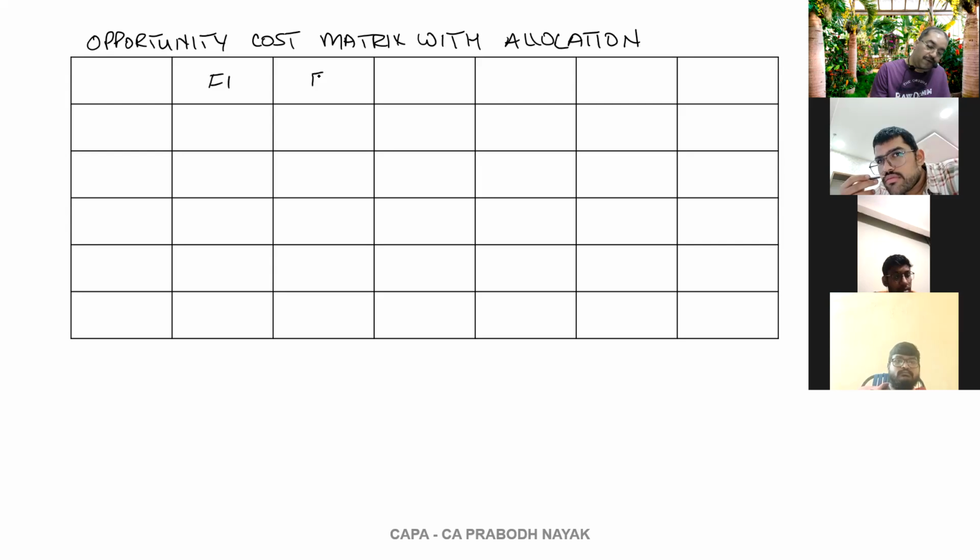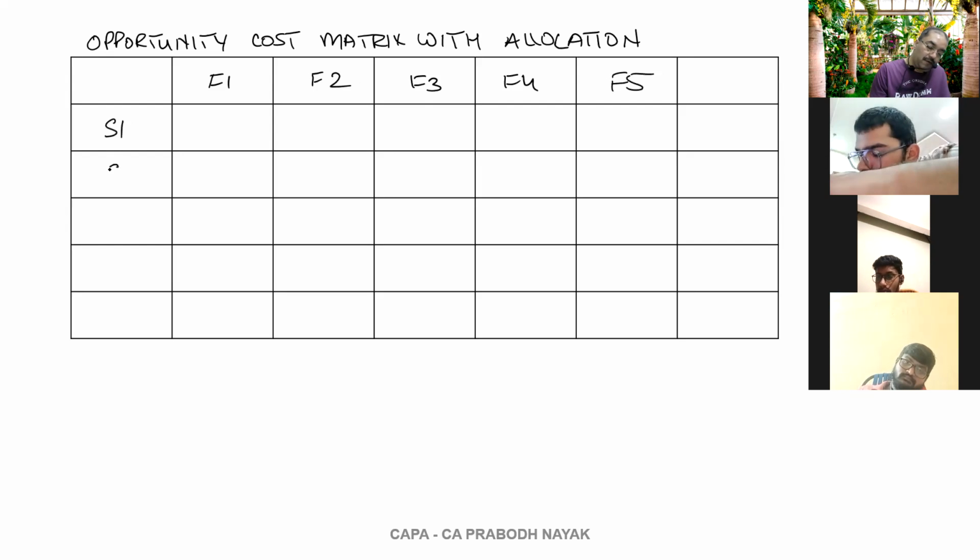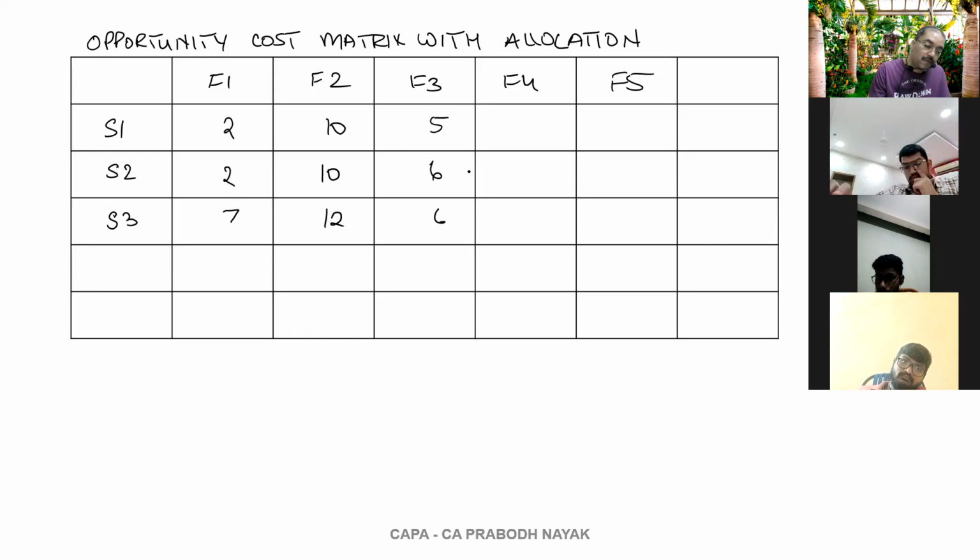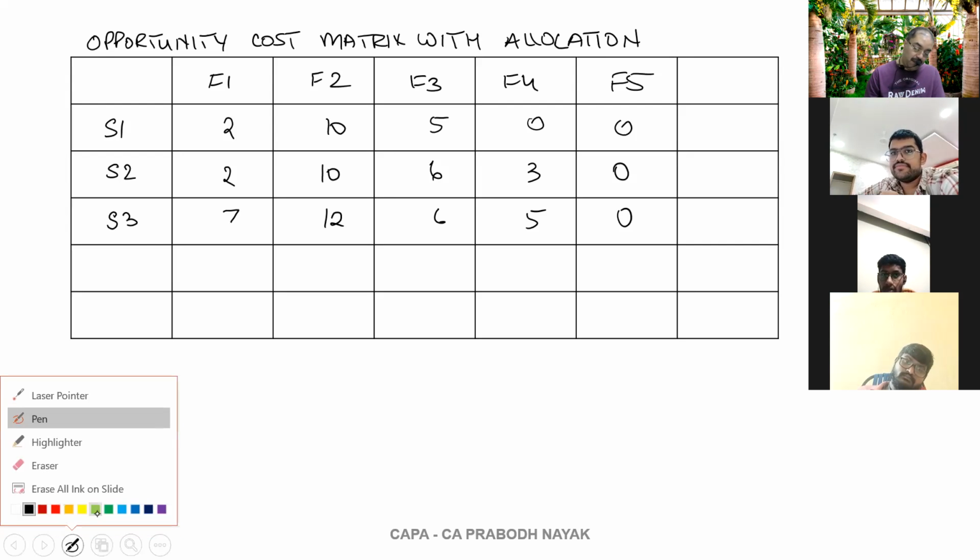F1, F2, F3, F4, F5, S1, S2, S3. Now let us write the allocations for each one, wherever the allocations have been done.